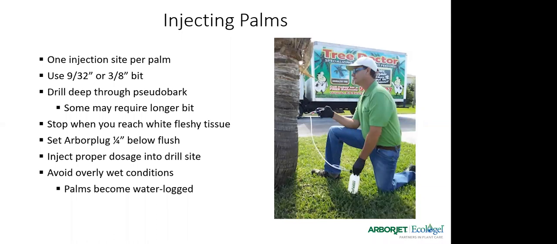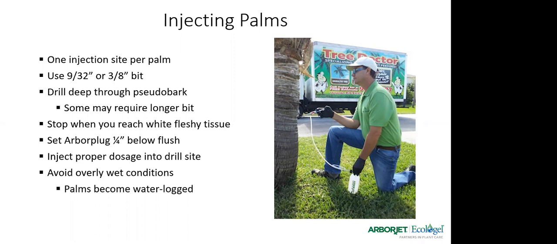Once you do hit that tissue, you set a plug. I always set it so it's just slightly recessed below the pseudobark, and then you inject through that. I have noticed sometimes if I'm putting in a rather large dose, I may have to set that plug a second time because I'll start getting moisture forming around the outside of the plug.